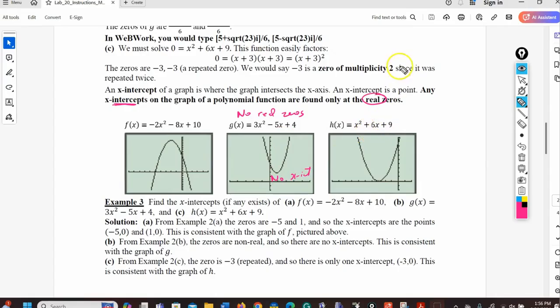And then when we did this one for the zeros, we had a repeated zero, but there was just one zero at -3, and we only had one x-intercept. So be cognizant of the fact that if you're being asked for an x-intercept or a zero, those are two different concepts. If you have real zeros, they give you x-intercepts. For this one, if you had been asked what are the zeros and you said none, that would have been a wrong answer. You do have zeros. They're non-trivial complex numbers. But if you'd been asked what are the x-intercepts, the answer would have been none.